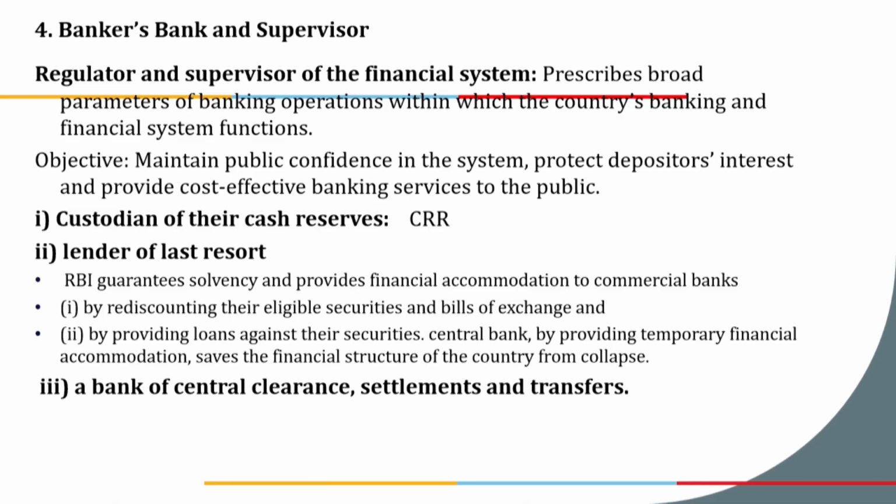The reason the central bank does this is that the financial market is the backbone of any economy, because it enables channelizing funds from surplus areas to the most productive users. That means this helps in channelizing funds from households to firms especially.